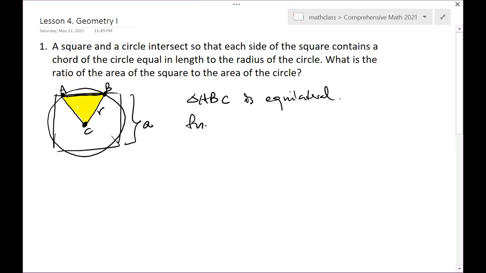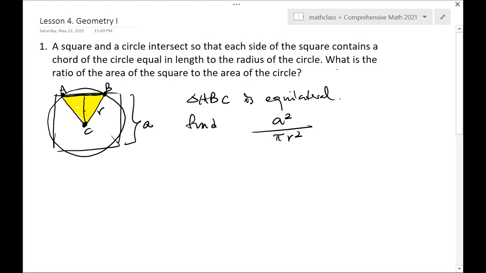So we want to find the ratio of the area of the square and the area of the circle. Basically, if you know the relationship between A and R, then you solve the problem, right? How do you find the relationship between A and R? Well, step by step. And is this an equilateral triangle?